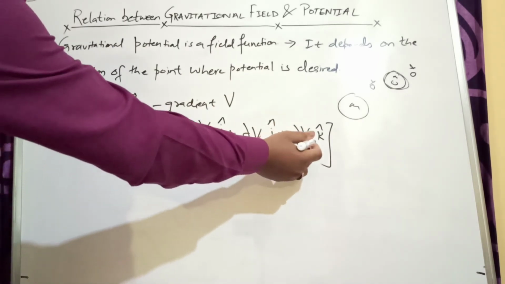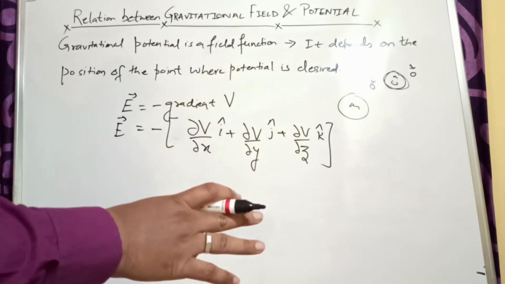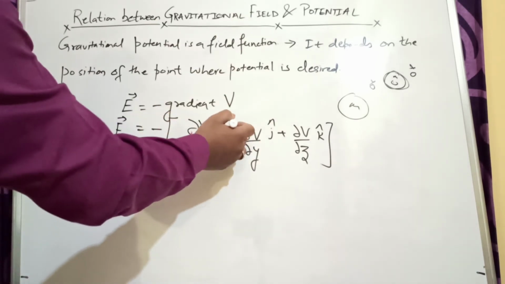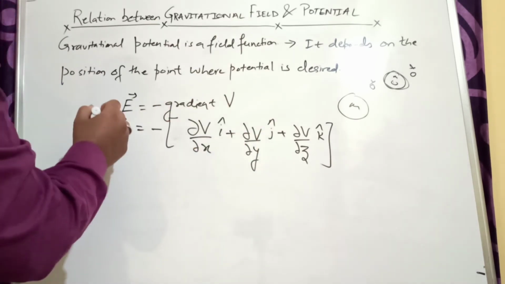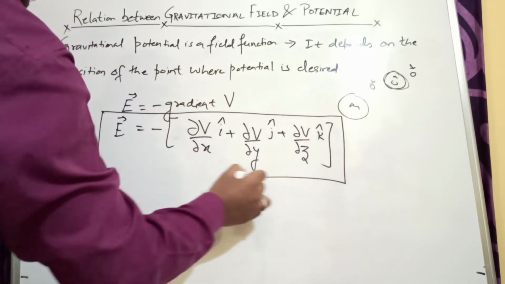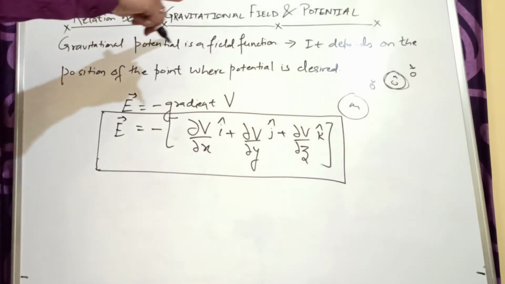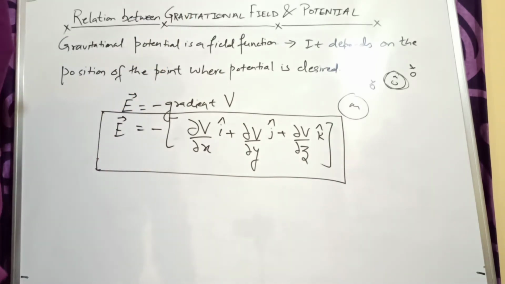I cap, j cap, k cap are the unit vectors along x, y and z direction. Clear? This I hope you already know. So this is your relation. This is the equation which you have to use while writing the relation between gravitational field and potential, right?